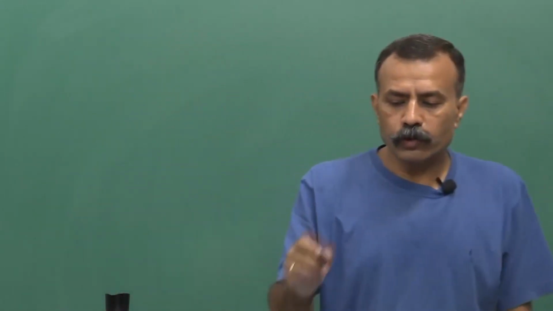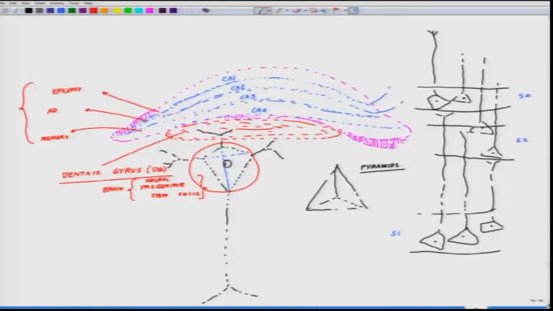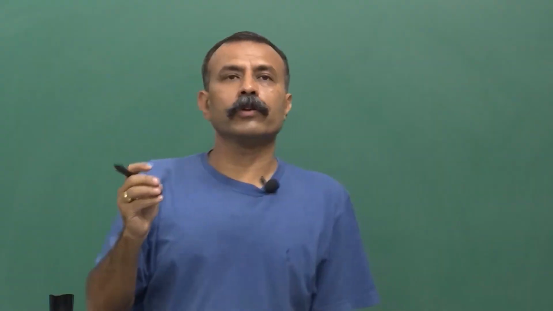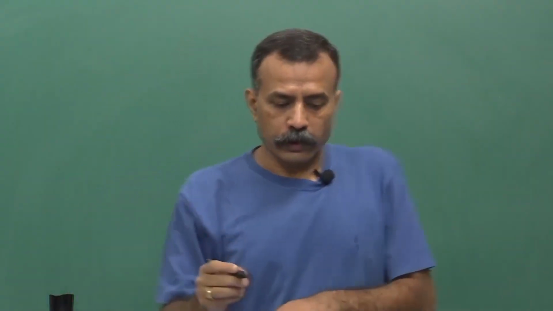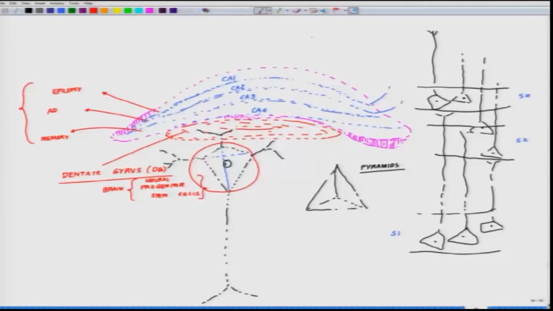Now, the neurons which are present here, this is one aspect of the anatomy which I told you. Most of the neurons present in the hippocampal region have certain unique neurotransmitter types. So, they are mostly either glutamatergic.